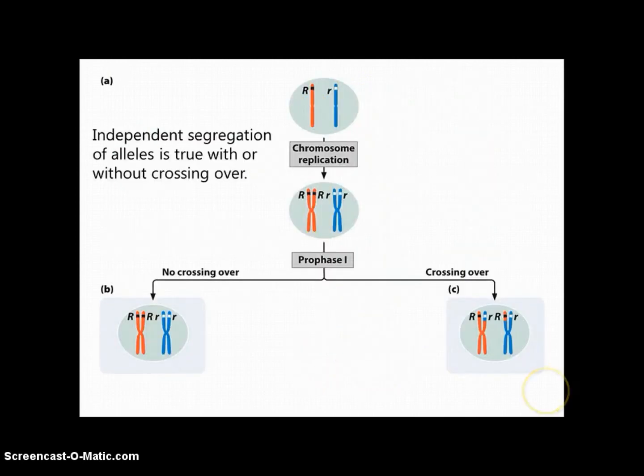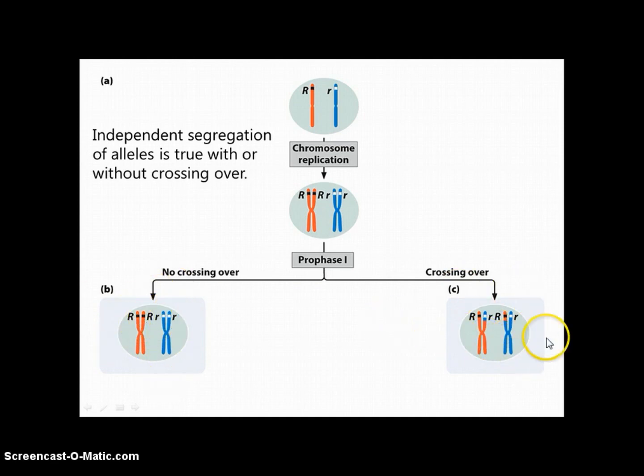All right, so back to today's lecture. It is important to recognize that independent segregation of alleles is true whether or not you are crossing over. So for example, if you have no crossing over, you're going to end up with this possible scenario where you have a big R, little r, little r.